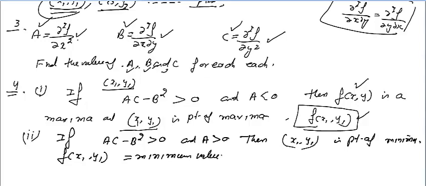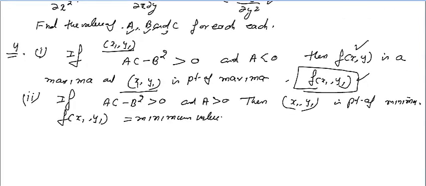Correct. Number 3: if you are getting AC minus B square less than 0, negative, then you will not need to check anything else.